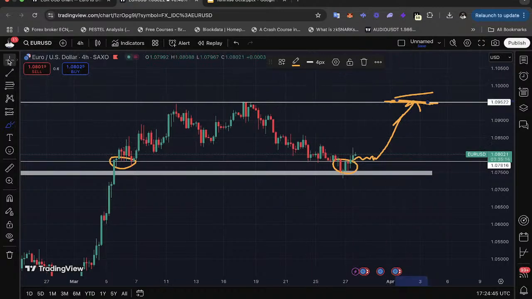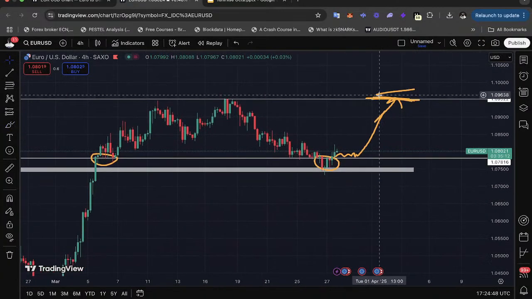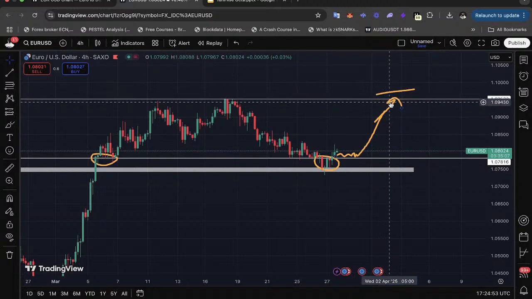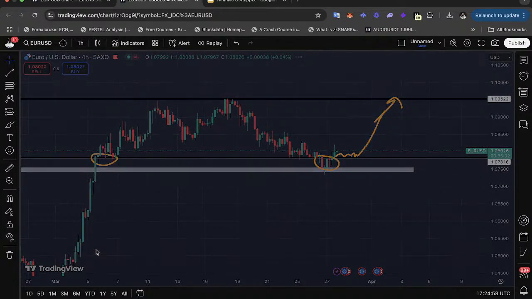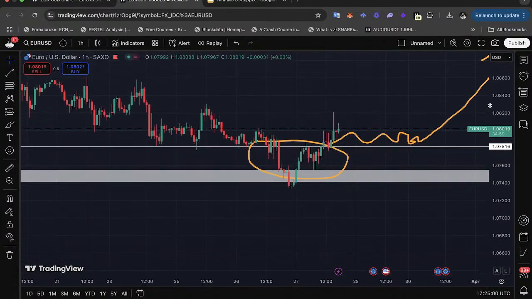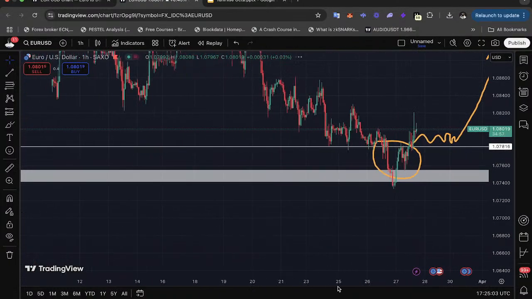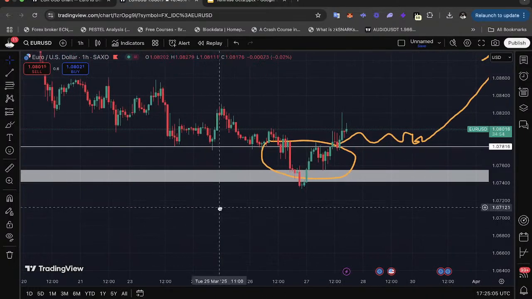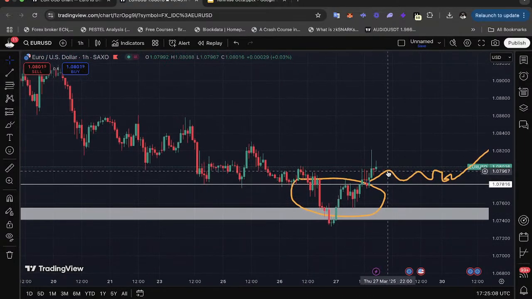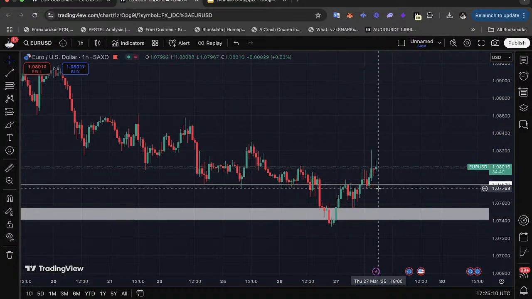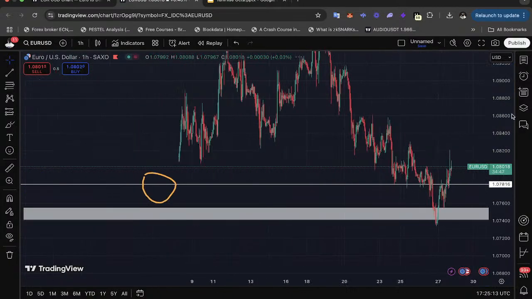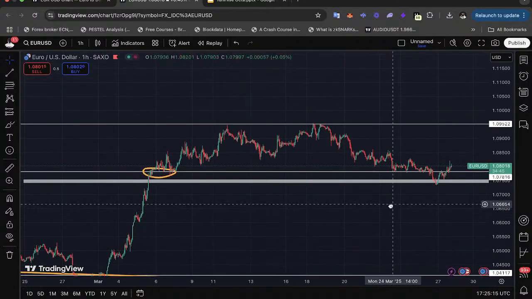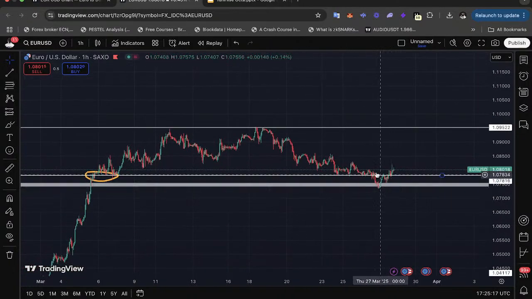Now let's go down to the 1 hour time frame. Of course we can see that as you go lower into the time frame, there are more noise that the market would catch.